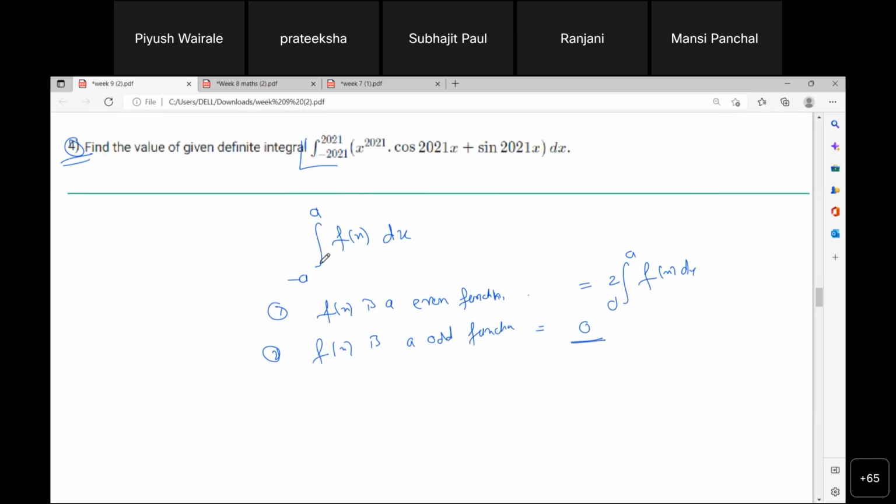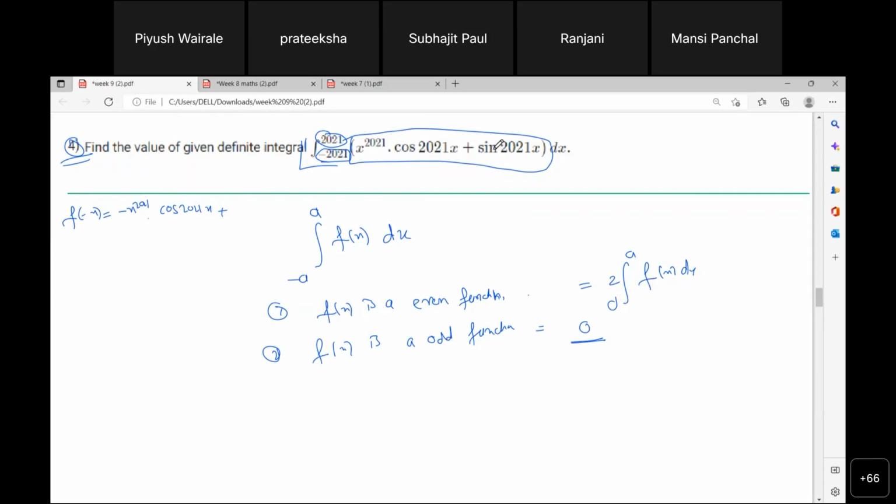Now here you can observe minus 2021 to 2021, right? So just check whether this particular function is an even function or an odd function. If I replace x by minus x, what will I get? This odd power of x will be negative only. Cos of minus x will be cos x only, so cos of 2021 x only.